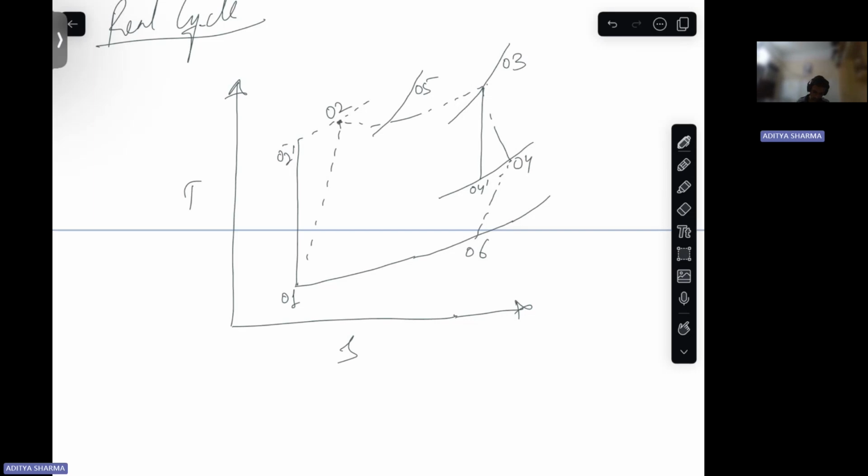I hope this is clear. What is this? This is your compressor. This is your heat exchanger. This is your combustion chamber. This is your turbine.